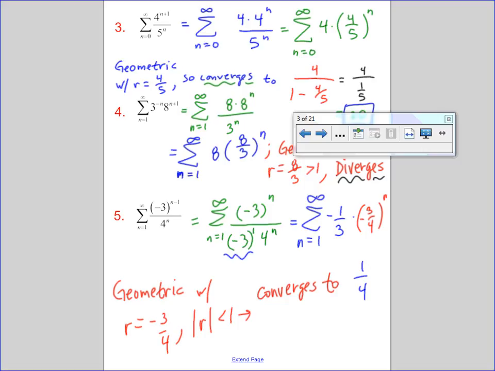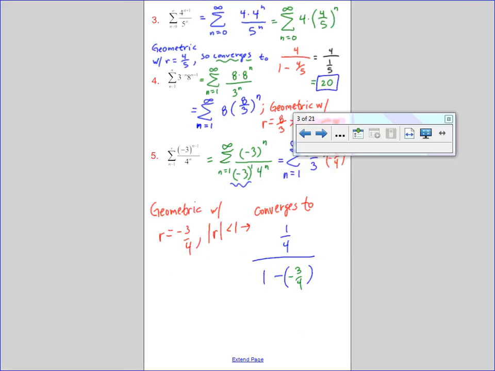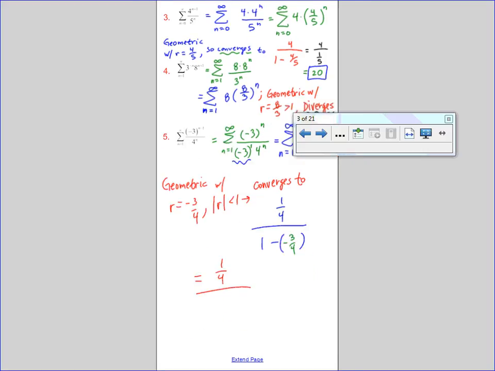Okay, so 1/4 over 1 minus r, and my r was -3/4, yes? So 1 minus a negative is the same as 1 plus a positive, so I get 1/4 over 1 minus a -3/4, which is 1 plus 3/4, is 7/4.